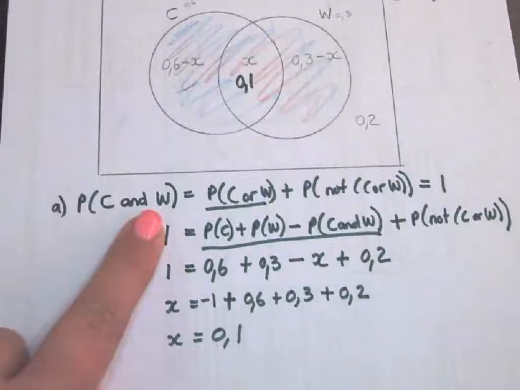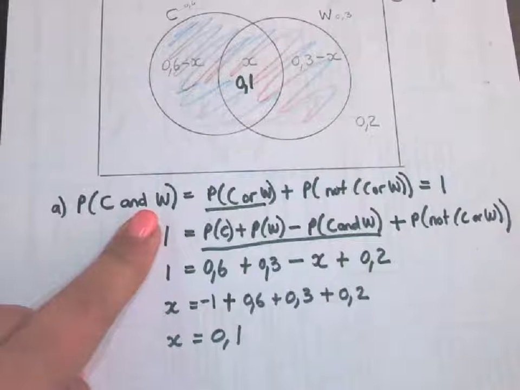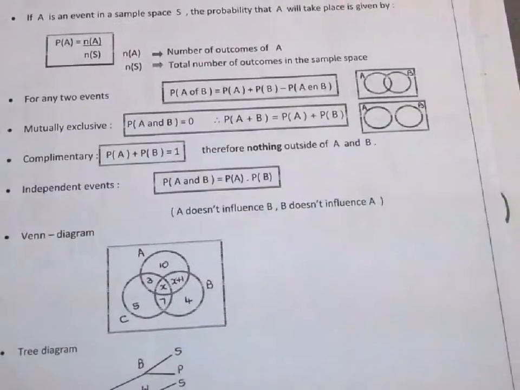Would it not have worked if you just used the equation P(A or B) equals P(A) plus P(B) minus P(A and B)? Now the lady asks, why didn't I use this formula?